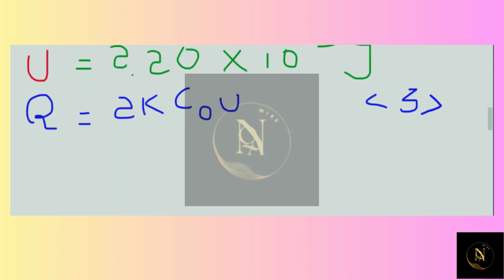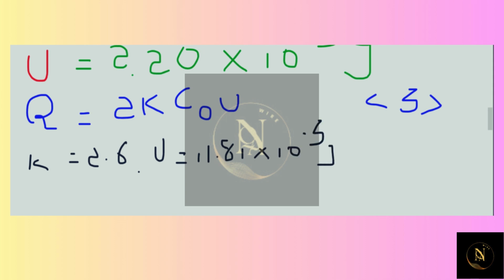For the polycarbonate, K is equal to 2.8 and U is equal to 11.81 into 10 to power minus 3 joule.